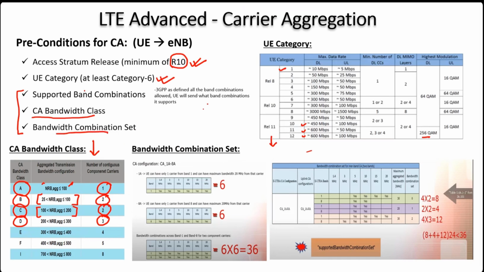Do you know how a CA combination is represented, CA underscore and the bands? Can anybody confirm? Have you seen these combinations in the logs or in configuration files? Yes.